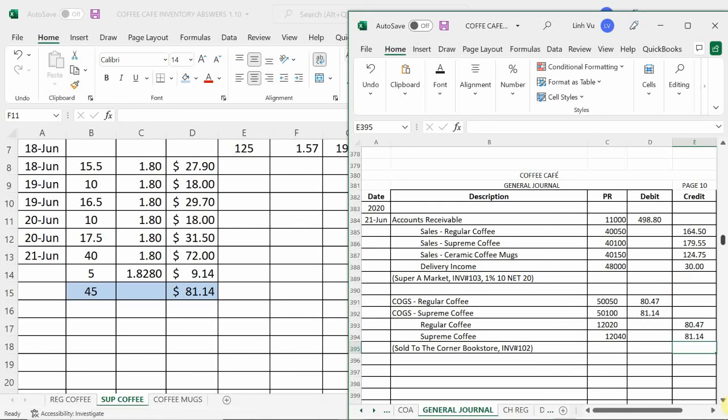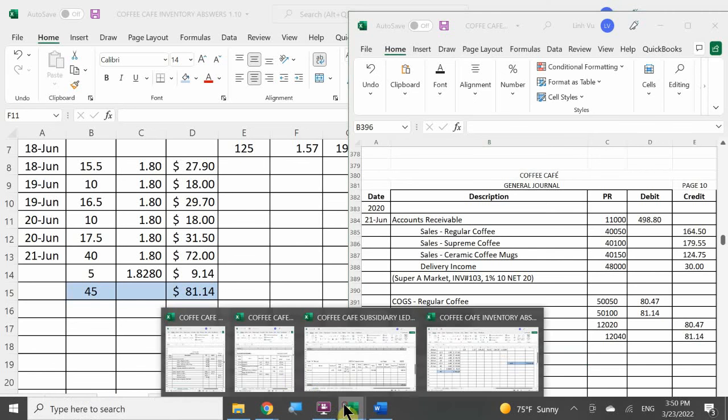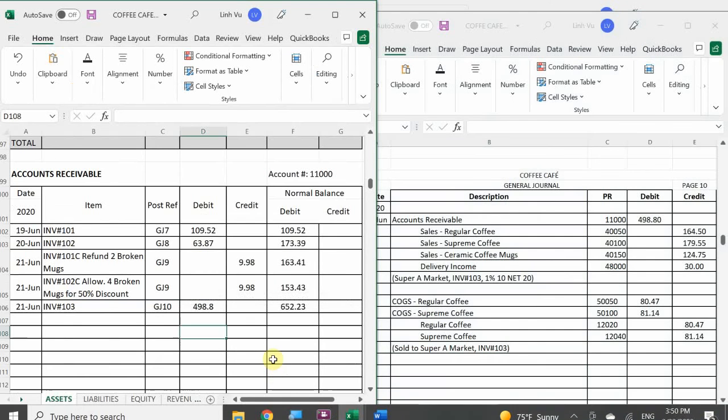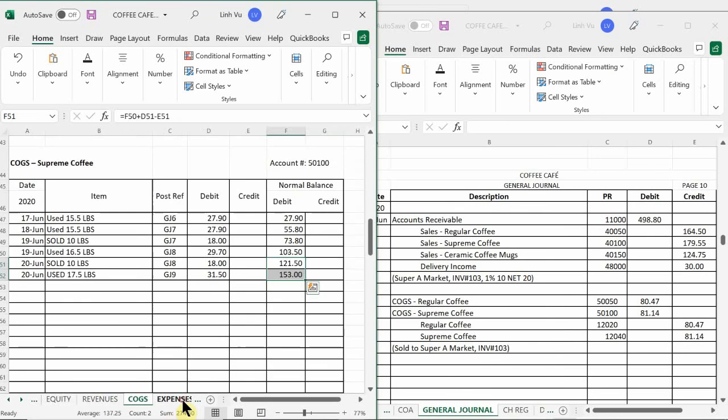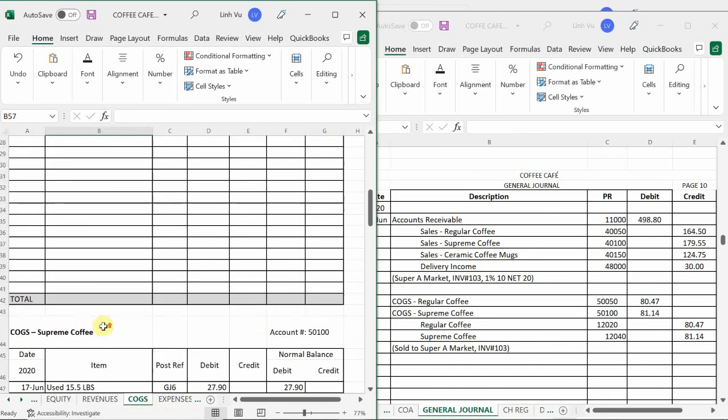And of course, we're going to adjust this accordingly because instead of selling it to Corner Bookstore, we sold to Super A Market. Okay, invoice number 103. Okay. So let's adjust our accounts accordingly to the cost of goods sold.